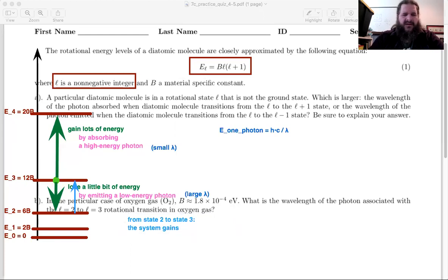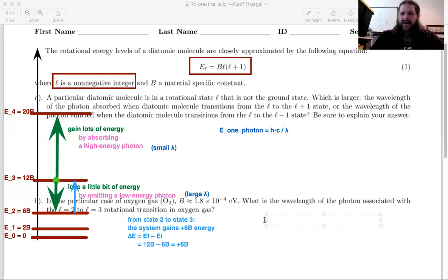Because if you calculate delta energy, you can write delta energy as usual as final minus initial. Looks like we're starting in state 2, which is 6B, and we end up in state 3, which is 12B. So 12B minus 6B is positive 6B. So that means to go from state 2 to state 3, you are gaining 6B energy. So that's the change in energy for the system.